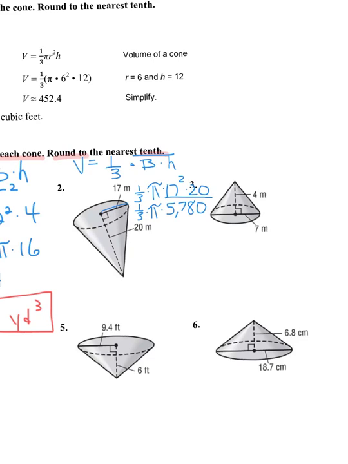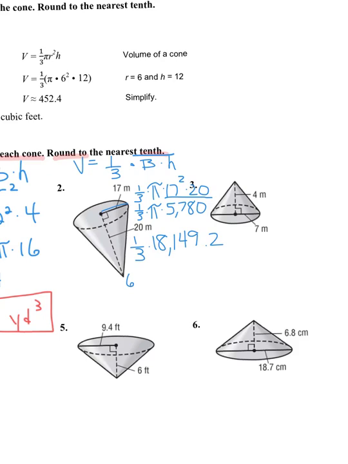Now we're going to do that times 3.14. So we have 1/3 times 18,149.2. Remember that 1/3 times a number is the same thing as doing divided by 3. So we're going to take that number and divide it by 3.